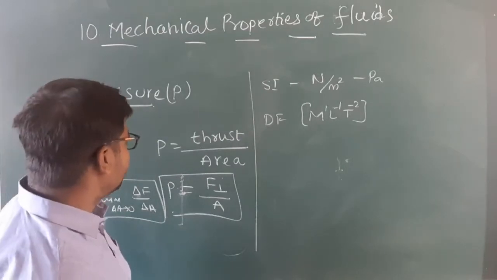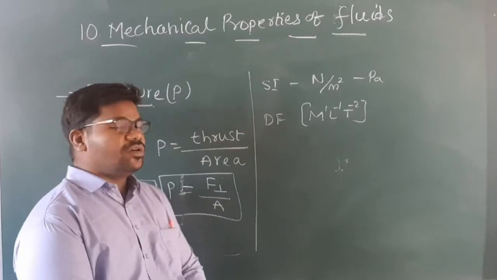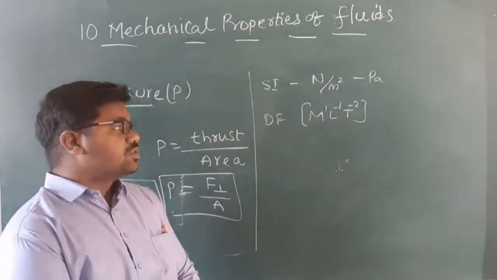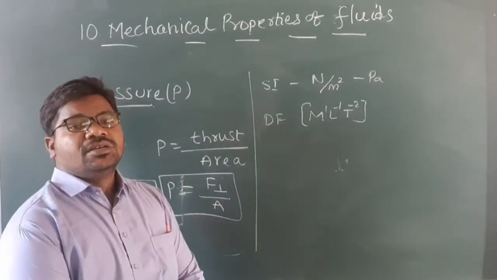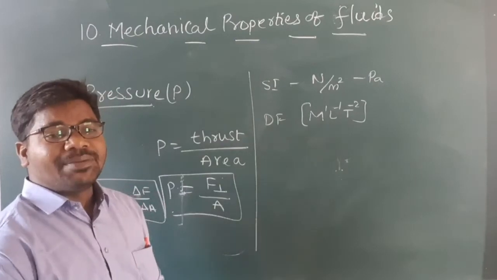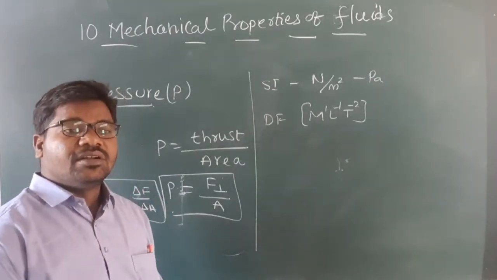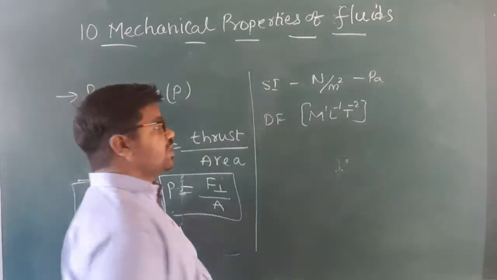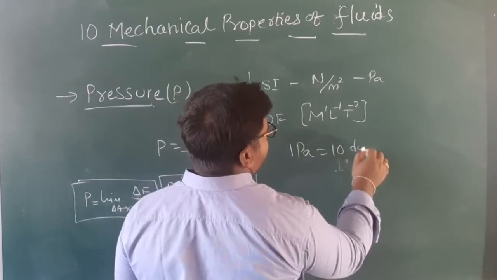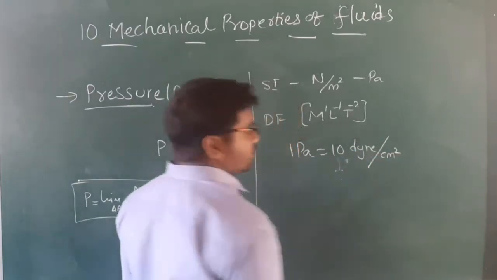So this is about pressure. Pressure is equal to thrust per unit area, P is equal to perpendicular force per unit area. Another unit is the Pascal.